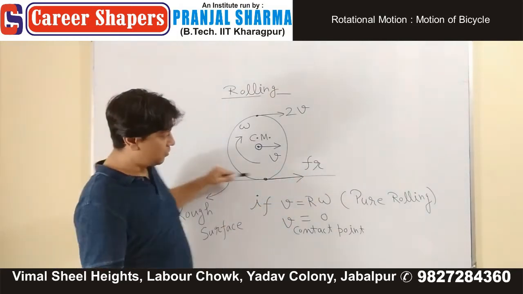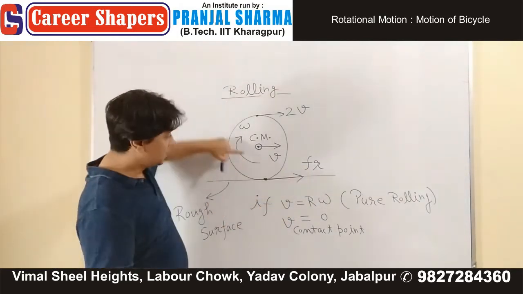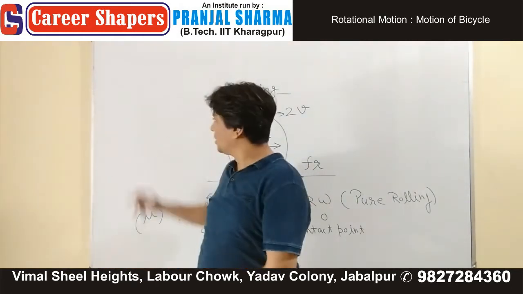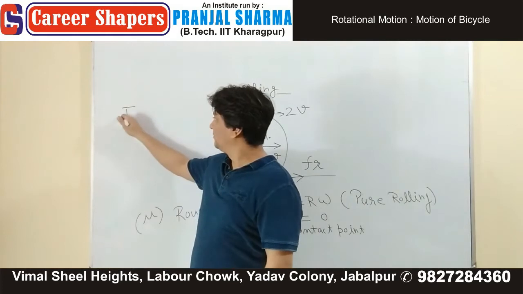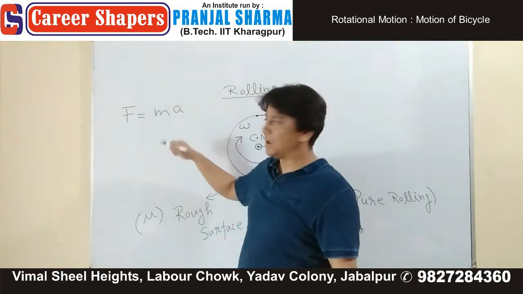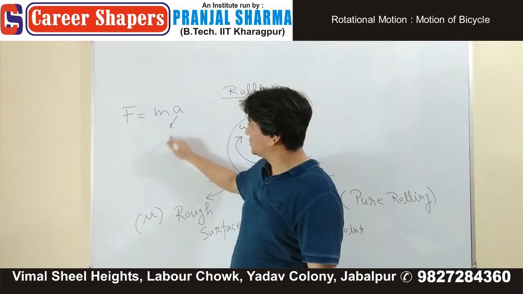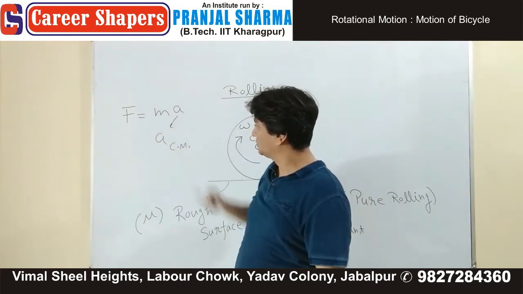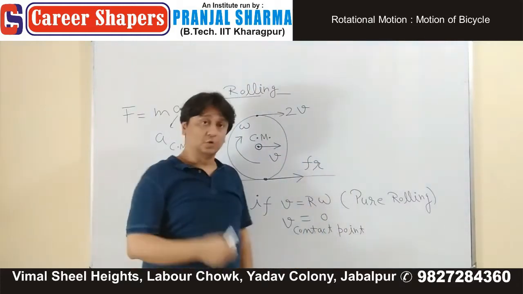You have a force in the direction of velocity of the center of mass. When we write F equals ma, remember a is the acceleration of the center of mass.